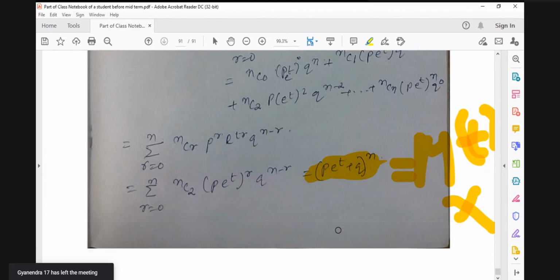Tomorrow, all of you find the moment generating function for Poisson, exponential, gamma, and normal. You have to find the moment generating function of these four distributions: normal, Poisson, exponential, and gamma. So these notes are over. We will meet again tomorrow.